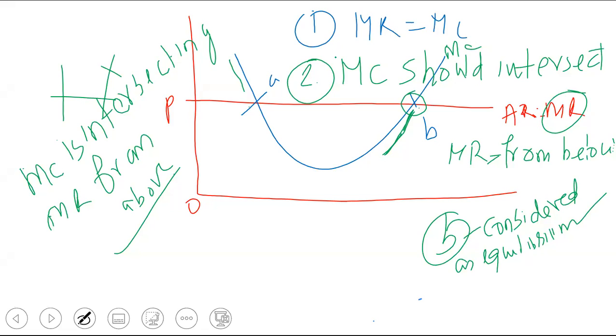So now tell me, what are the conditions of equilibrium in the MR-MC method? Write and put it in the chat. Because this is so important, I cannot pass the time. Write there: what are the conditions of equilibrium under the MR-MC method? Everybody has to wait, and you have to write also. Otherwise, I will ask you to unmute and tell the answer.